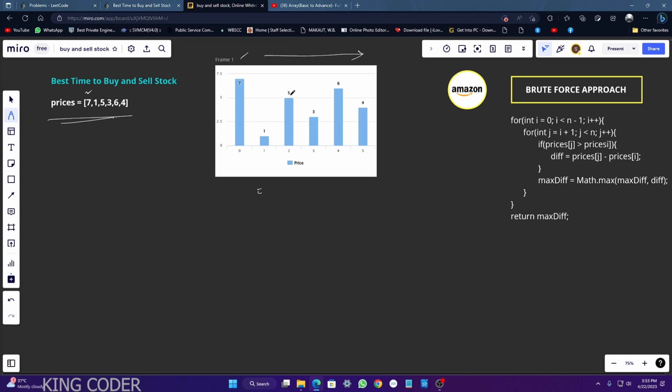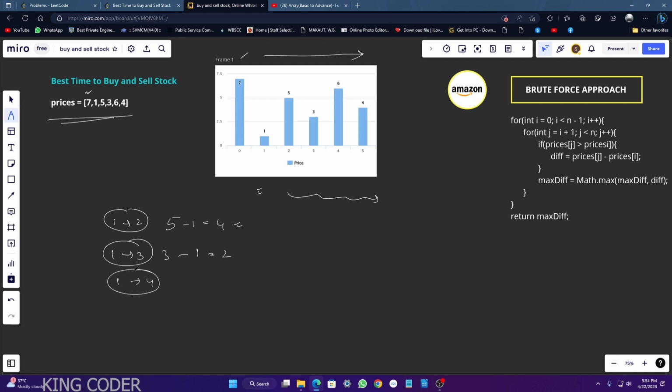So let's see for day 1. At day 1 we can sell at day 2, so 5 minus 1 is equal to 4. This is the maximum so far, but there may be another day where the price is higher, so we will check for that. If we buy on day 1 and sell on day 3, we will get 3 minus 1 is 2.